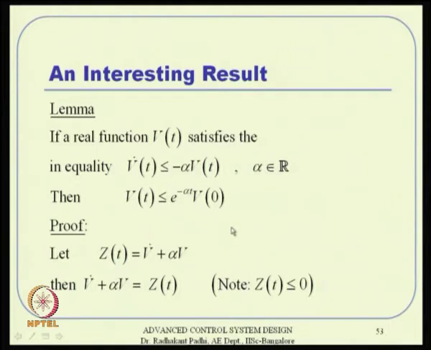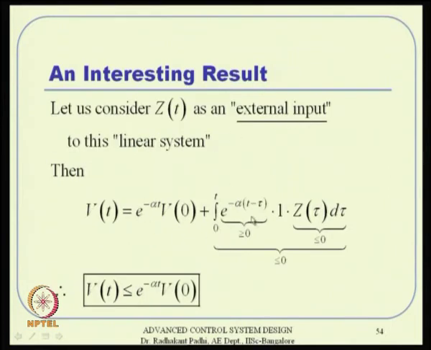Then, since it is a linear system equation, I can solve it. It turns out that this integral thing is less than or equal to 0, and this is always greater than or equal to 0, this is a positive integral sort of thing. So, the entire thing will be less than or equal to 0, and hence V of t will always be less than or equal to 0.